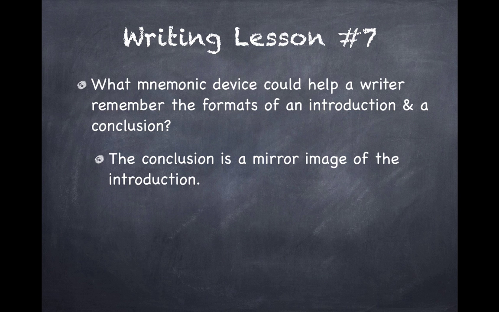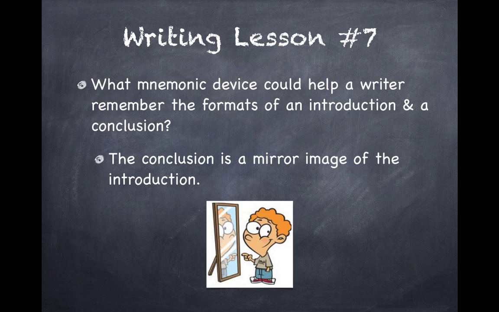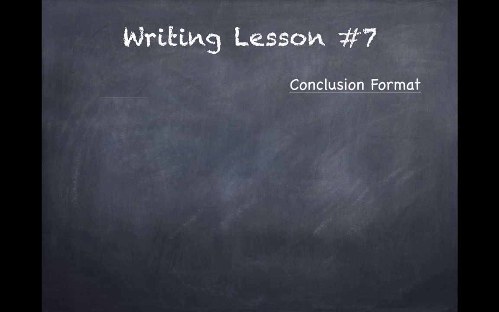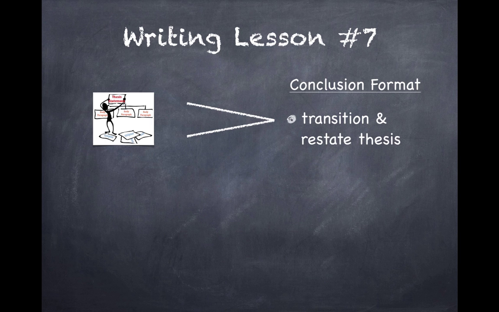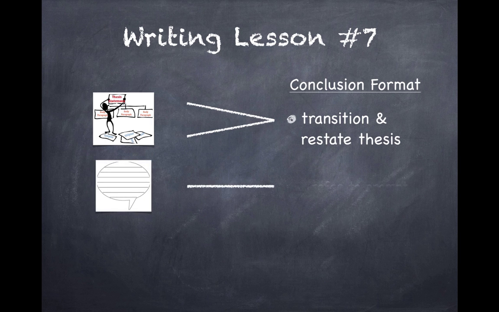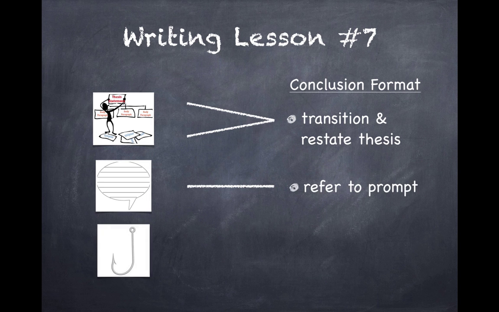So now let's flip that. Our conclusion format is going to begin with restating our thesis, beginning with a transition. We're going to keep the refer to prompt in the middle, and then we're going to end with what's called the refer to hook. So again, that format of the introduction, we've taken it and we've flipped it.